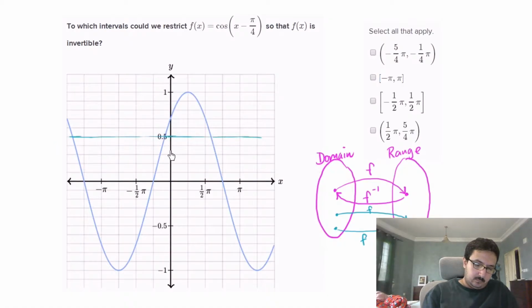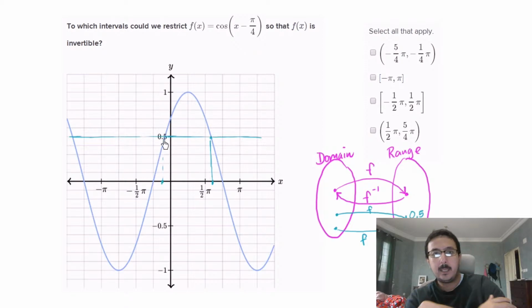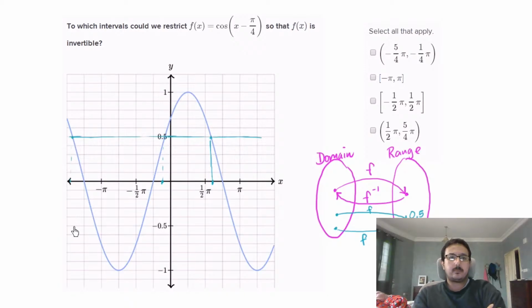Now why is this horizontal line an issue? It's showing us that even in the part of the domain that's being graphed here, there are several points that map to the same element of the range. They're mapping to 0.5. If you input this value right over here, f of that is equal to 0.5. f of this right over here is equal to 0.5. f of this right over here is 0.5.